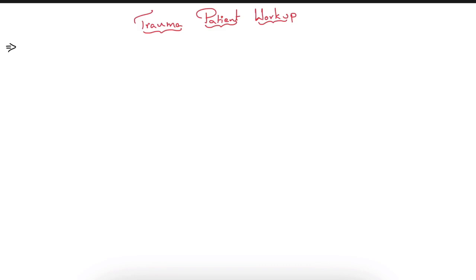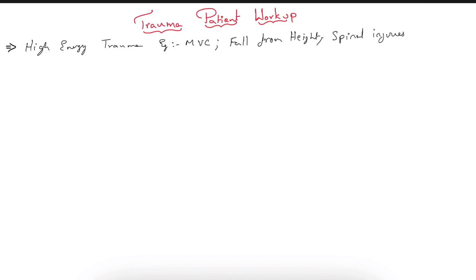So, what are the causes of these traumatic conditions? High energy trauma, for example MVC, or fall from height, or some associated with spinal injuries, or some life-threatening conditions.